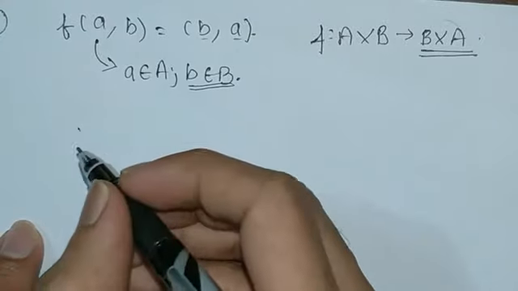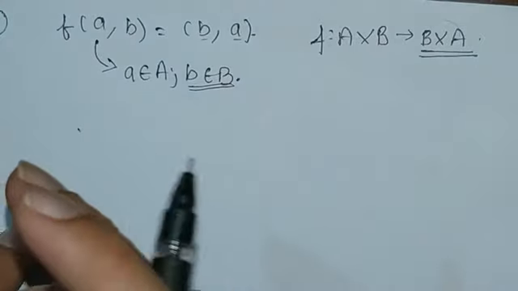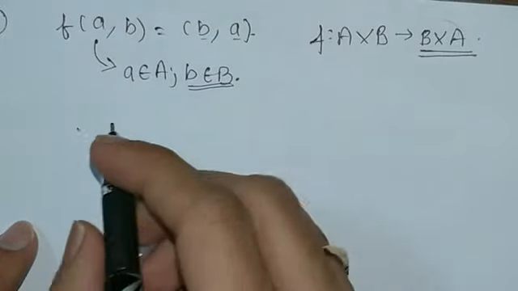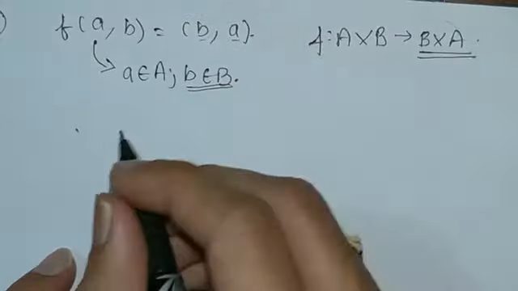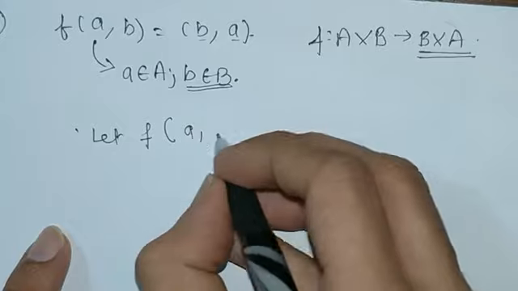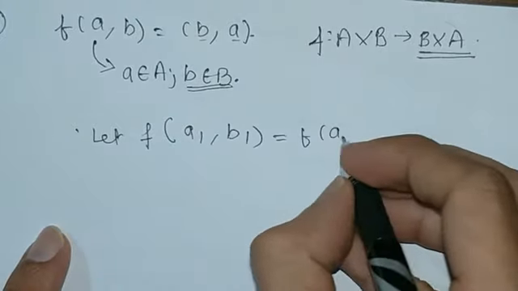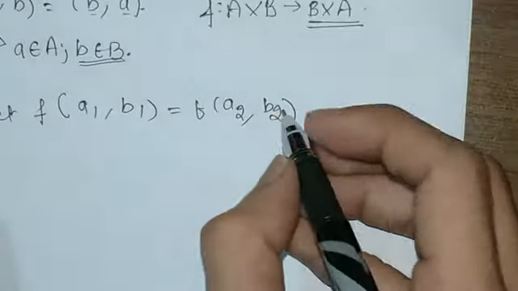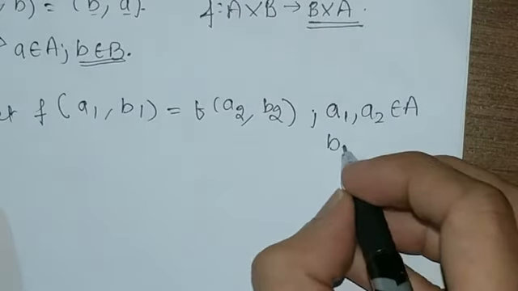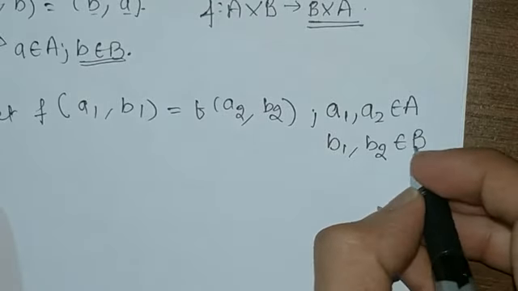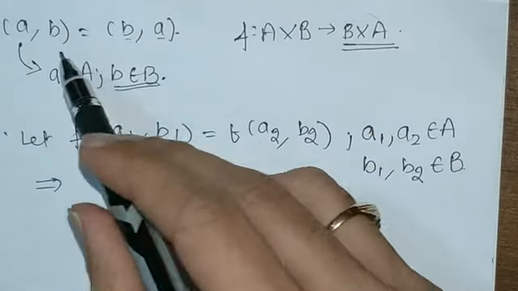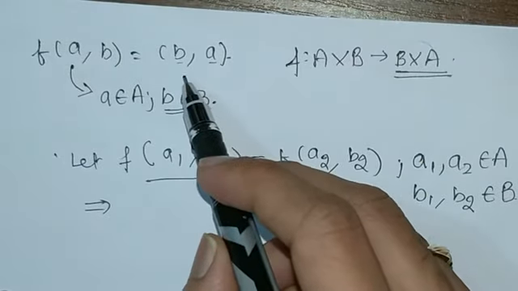So this is the same as the steps that you do for the other problems, right? To show that a function is 1-1, the same method you have to use. So let f(a1, b1) be equal to f(a2, b2), where a1, a2 belong to A and b1, b2 belong to B. What is the definition of the function f(a, b) equal to (b, a)?